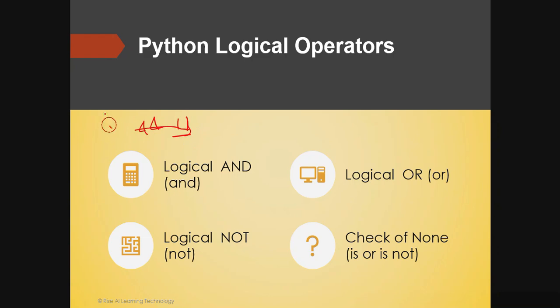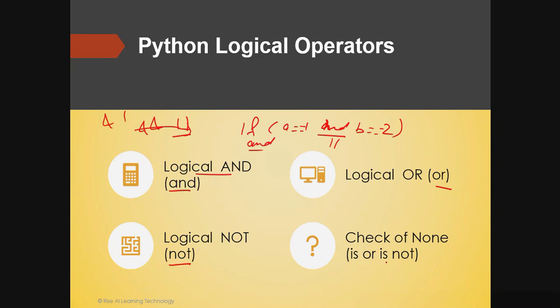Some particular packages use them, but in core Python, if you want to use logical and, say if a equal to 1 and b equal to 2, then only do this operation, then we simply use the keyword and. And is the keyword which we need to use. If you want to compare with an or clause, then you need to use the or operator. For logical not, we use the not operator.